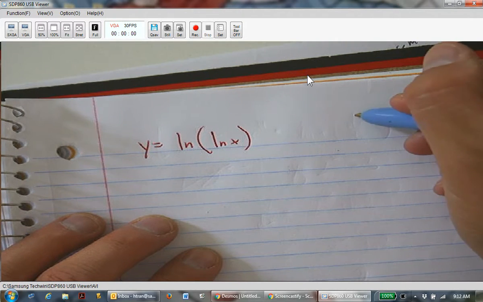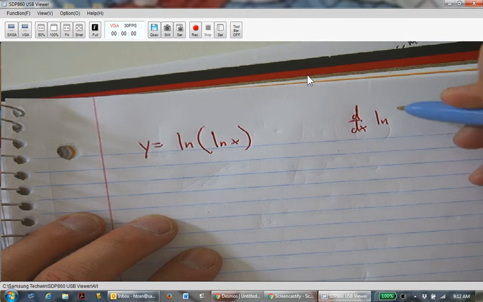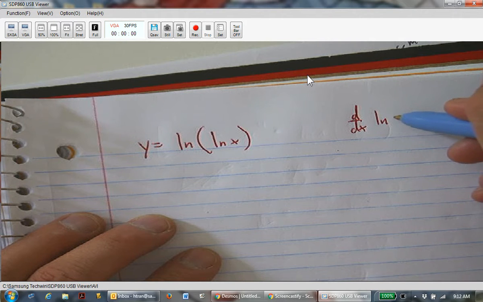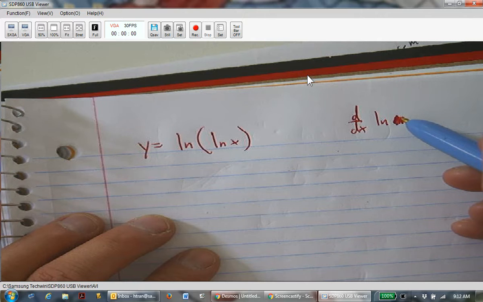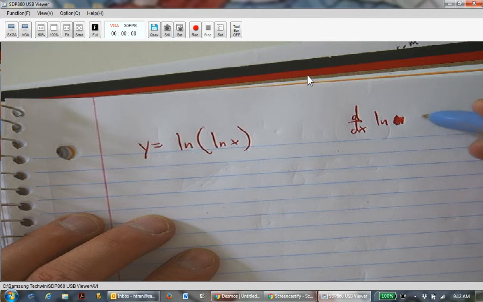Maybe this will help: I'm not even going to say u anymore. I'm going to say the natural log of whatever is in here. The derivative of the natural log of whatever is this.